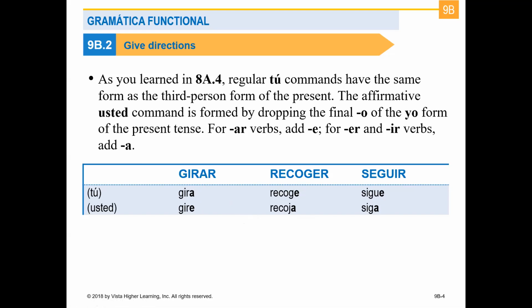So for the usted command, you're going to put that basically flipped ending on sort of the stem that you make when you conjugate it in the first person present tense. So it would be yo giro, and then the usted command is gire. Recojo goes to recoja, and then sigo would be the yo form, and it goes to siga.